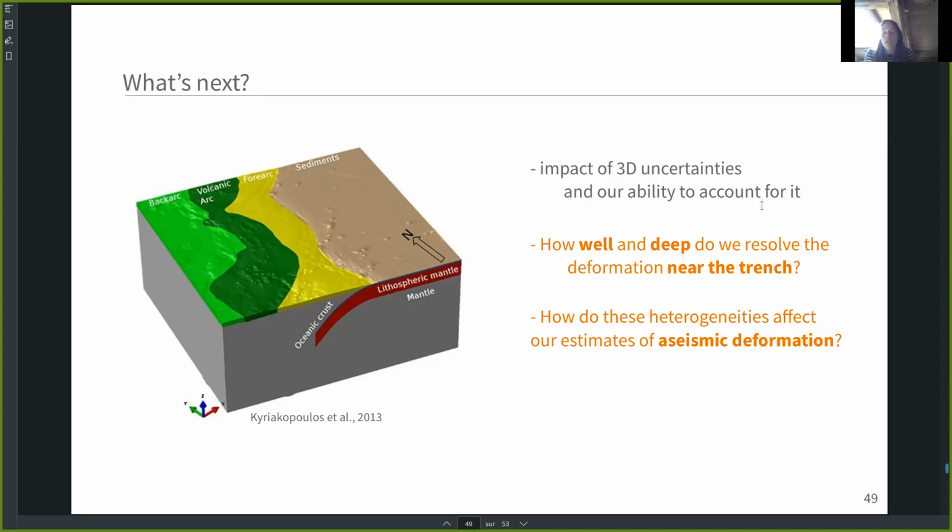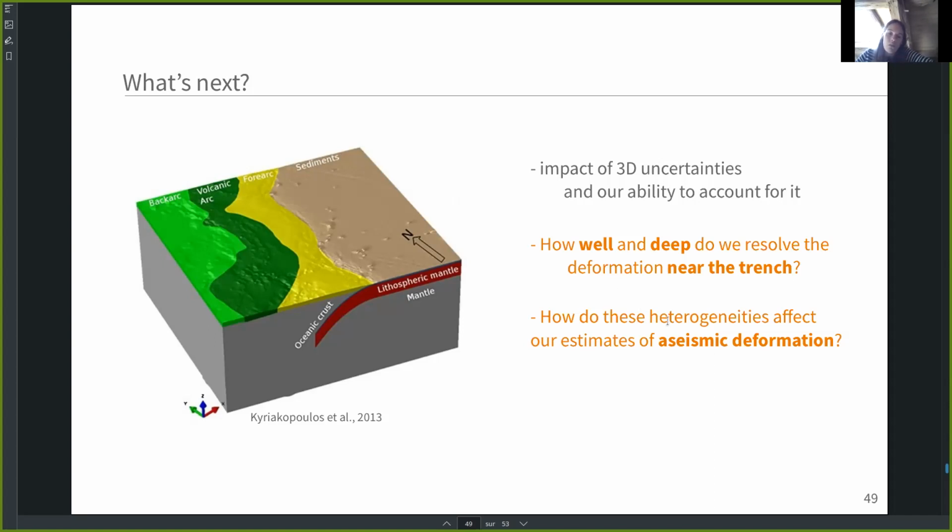I think one of the main questions we may be able to resolve while doing it is how well and how deep do we resolve the deformation near the trench, while showing you some results for the Maule earthquake. And I think the problem of resolution near the trench is very important, and it's very important for both coseismic slip estimates, but also for interseismic coupling estimates, especially in subduction zones.